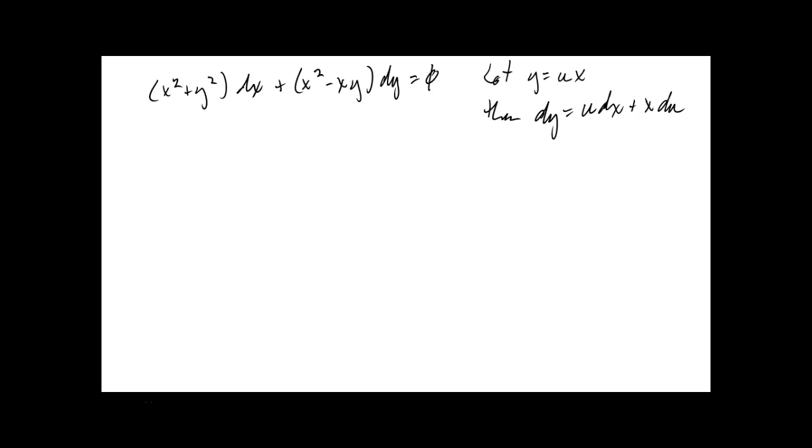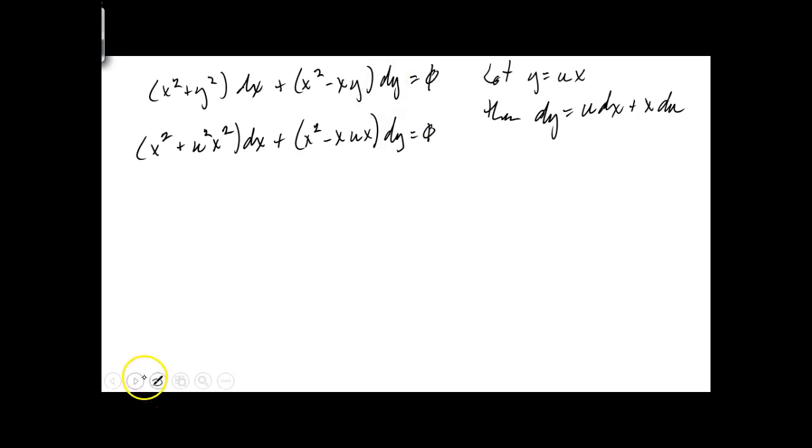Okay. Now, with those substitutions made, let's rewrite what we've got. This will be x squared plus, not y squared, but u squared x squared dx plus x squared minus x times ux dy is equal to 0.